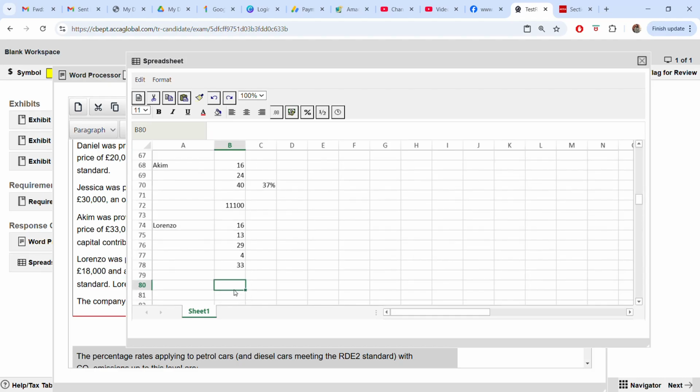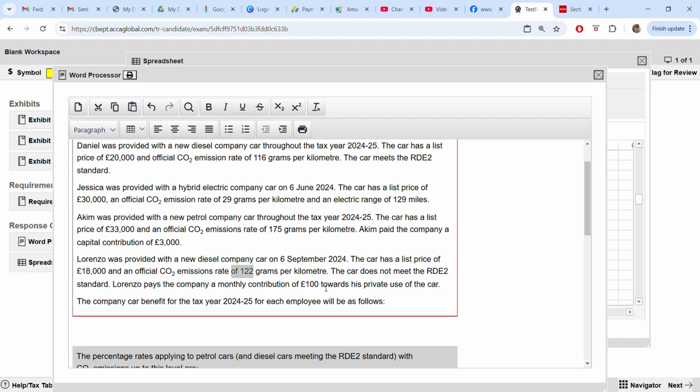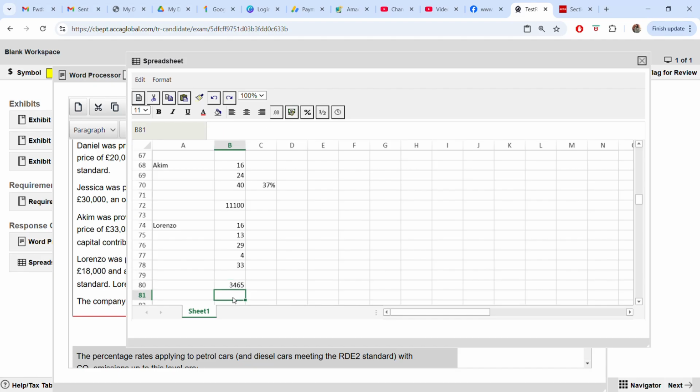So list price is 18,000 into 33% into how many months? 7 months. 3,465. And remember, once you get this, from here you will deduct his contribution. 100 monthly contribution. How many months? 7 months. So 100 into 7. It is 700. So take the sum function and deduct this. This is the answer, 2,765.